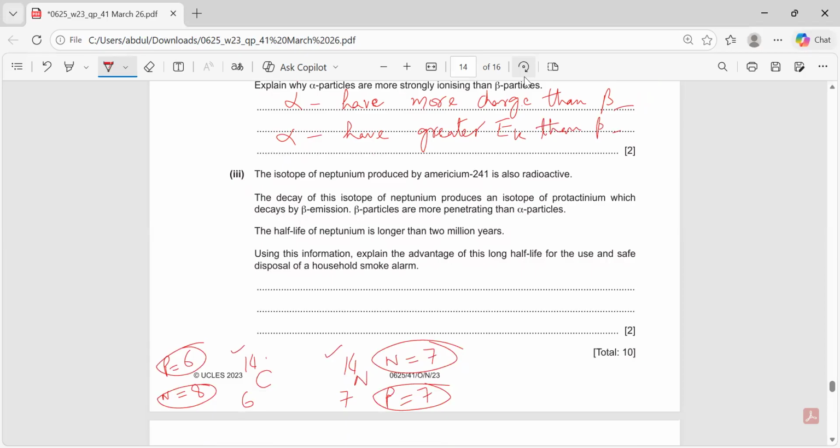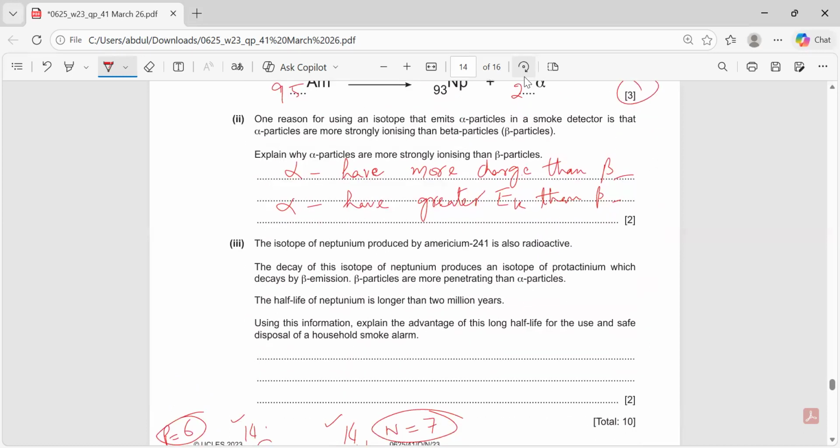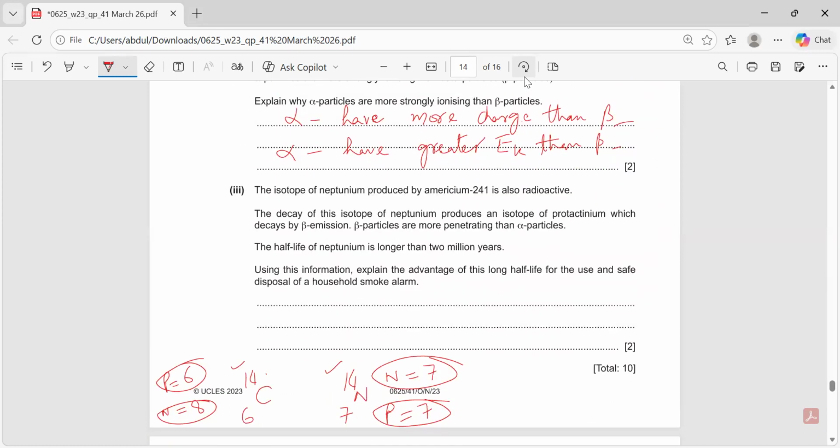Now come next. The isotope of neptunium, which is produced after the alpha decay of americium-241, is also radioactive, but the decay of this isotope of neptunium produces an isotope of protactinium. So when neptunium decays by emitting an alpha particle, it is converted to protactinium.